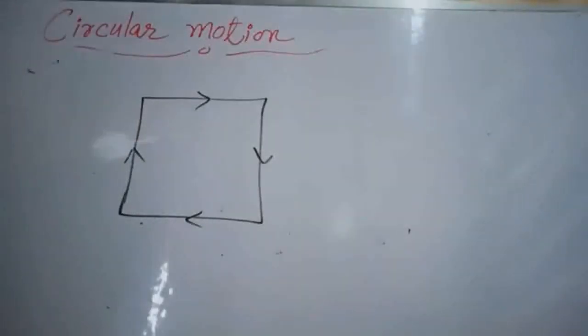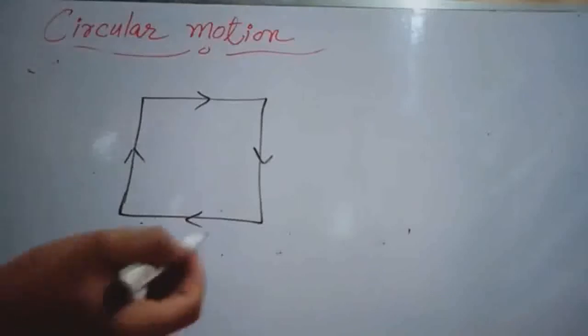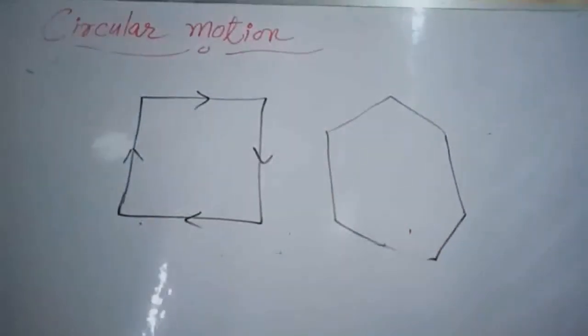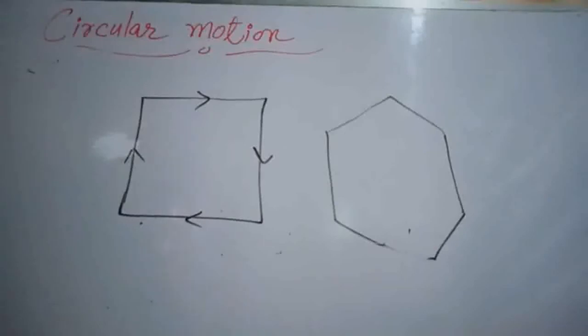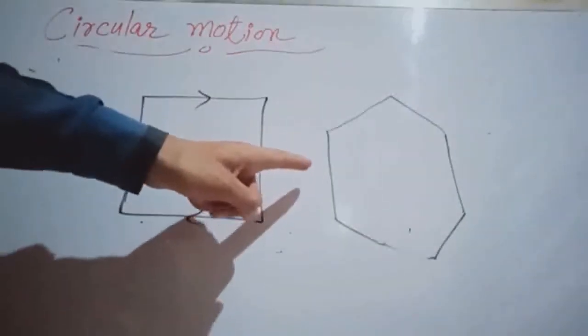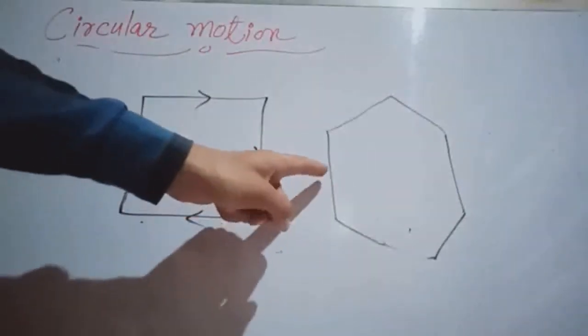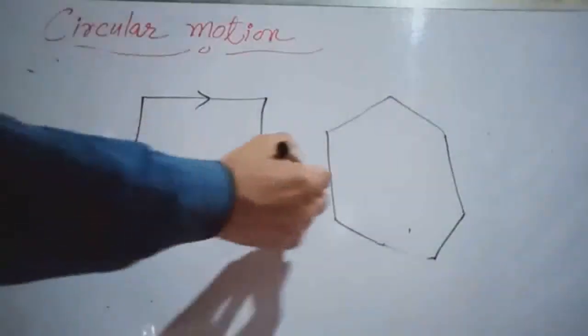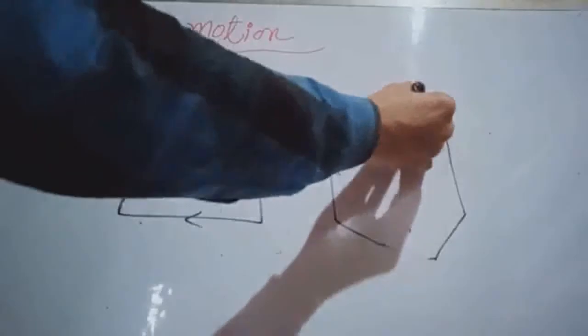Similarly, if he runs in a hexagonal path, for example, this is a hexagonal path, here he changes his direction 6 times. Okay, 1, 2, 3, 4, 5, 6. He changes his direction 6 times.